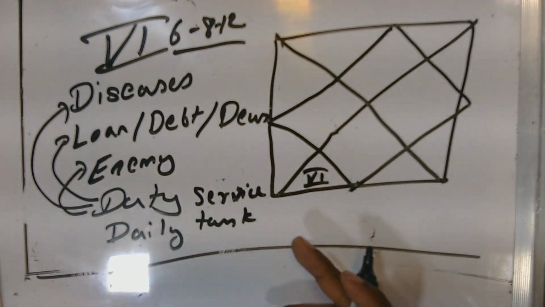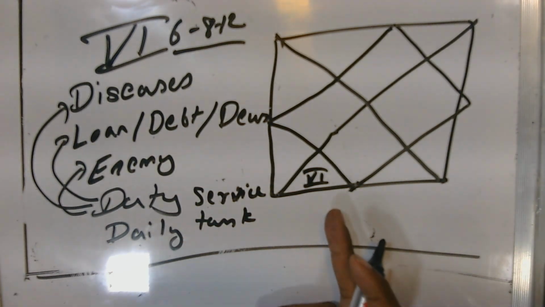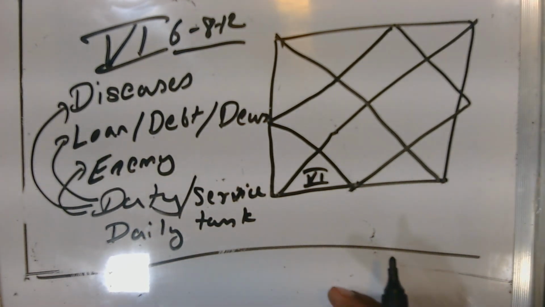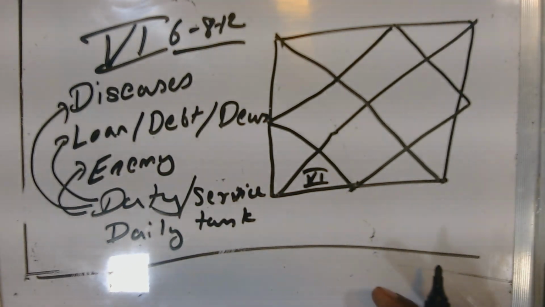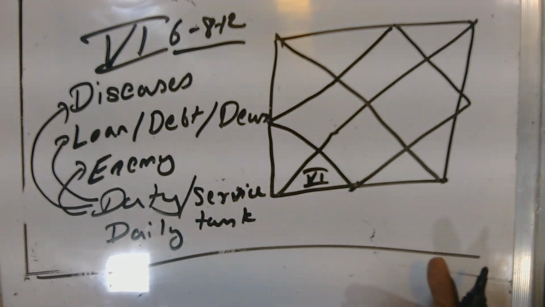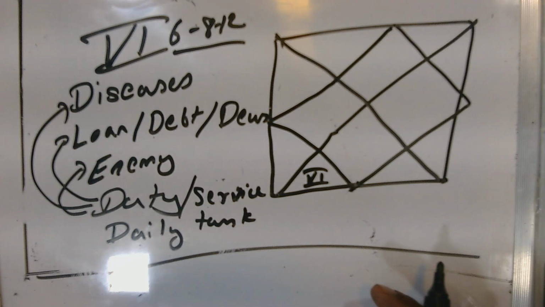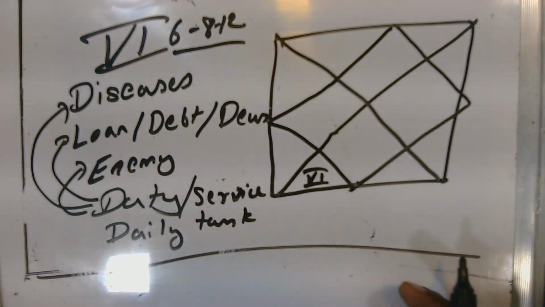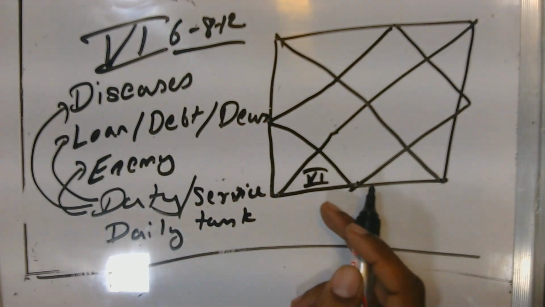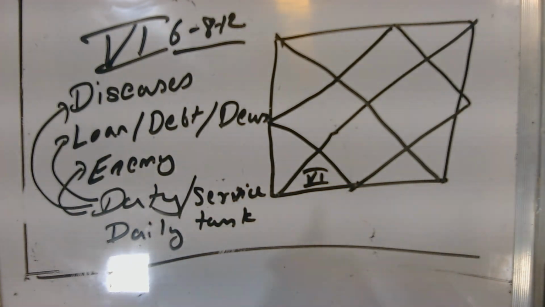If he has strong placements in the sixth house, his work may be of some nature regarding the service industry. Like he may be a plumber or a mechanic, service-based things which are important in our society but not that much respected. So these things can be seen from the sixth house.